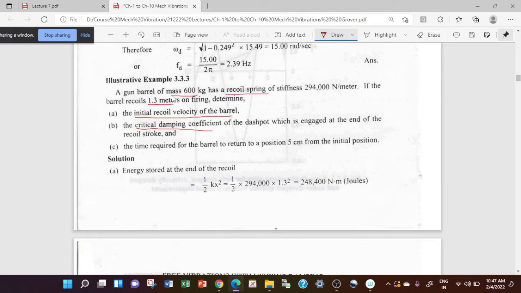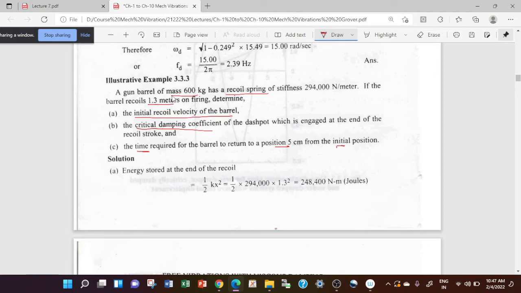We also want the barrel after firing to come back to within 5 centimeter of its initial position. So we need to find time, damping, and the velocity of the barrel.